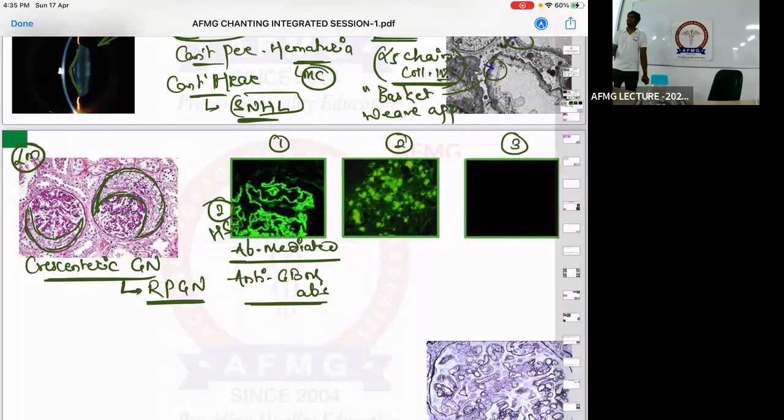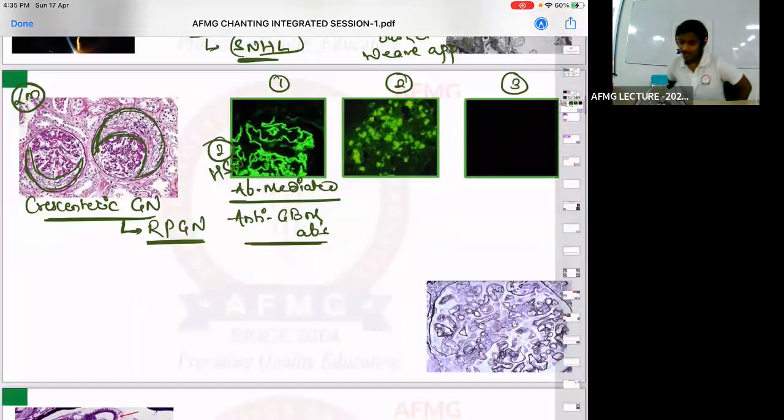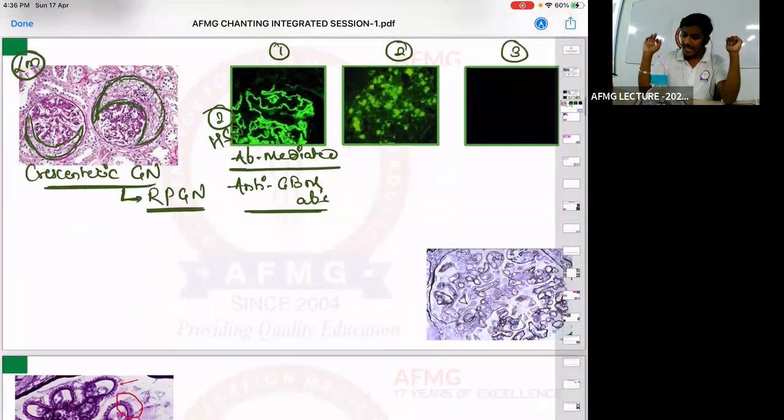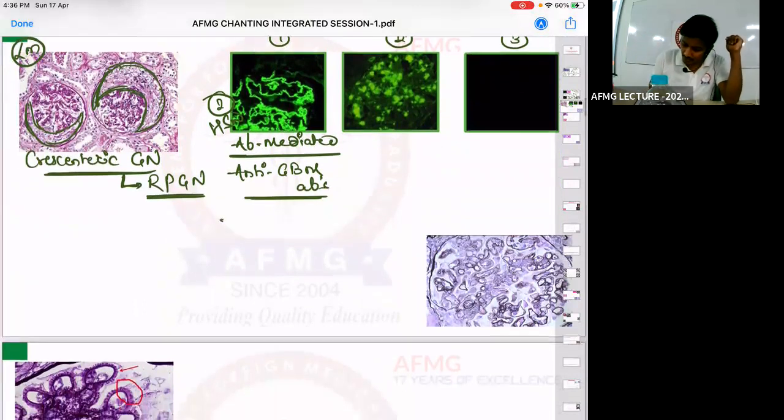If you have both, mark type 5 followed by type 2. If you don't have type 5, then definitely mark type 2. So type 1 RPGN is antibody mediated, with anti-GBM antibodies, and the diagnosis is known as Goodpasture syndrome.